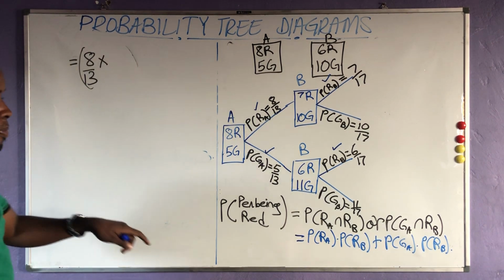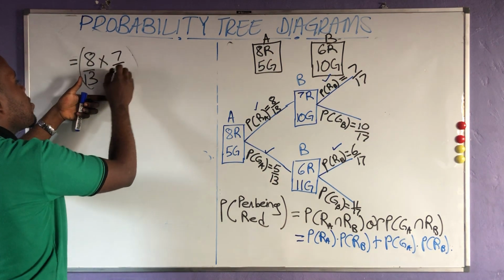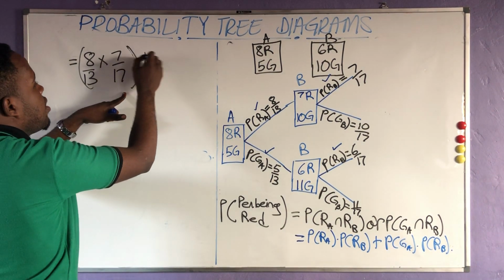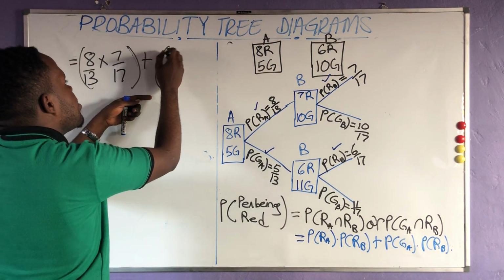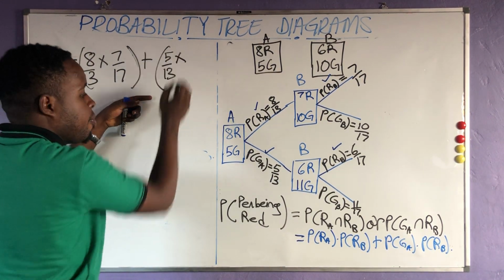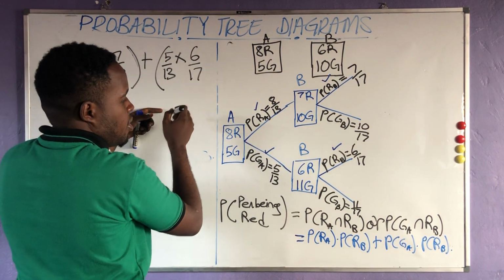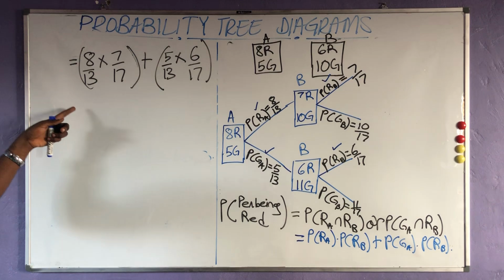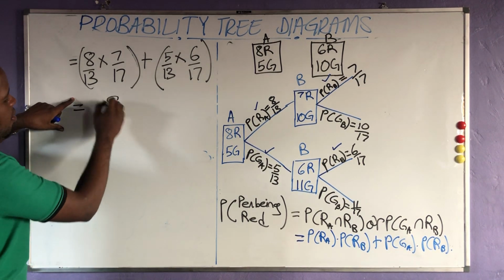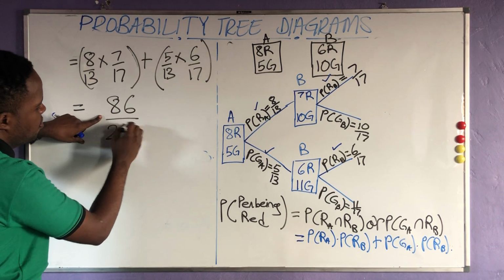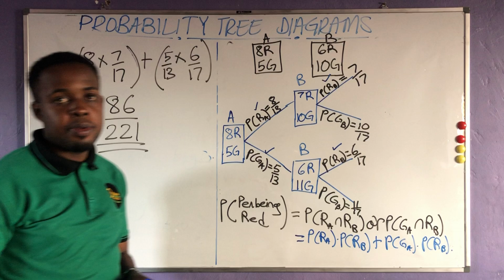Then times RB, this one is 7 out of 17. Then plus GA, this one is 5 over 13. Then times 6 out of 17. So friends, when you press this on the calculator, try to compute it, your final answer will be 86 out of 221. So that is the probability of ending up with a red pen.